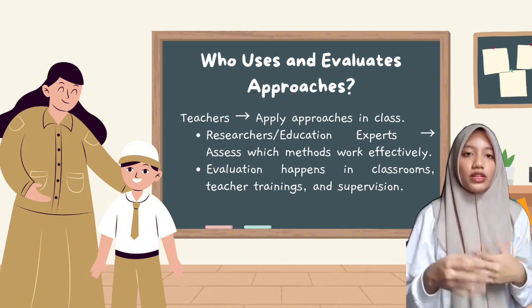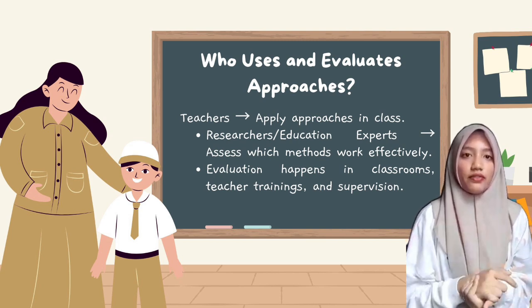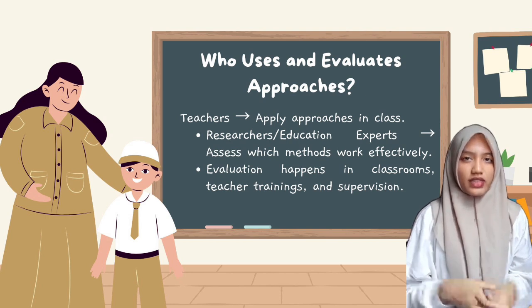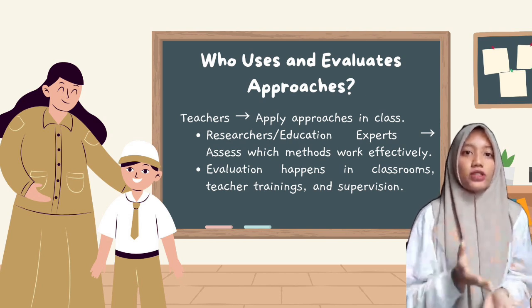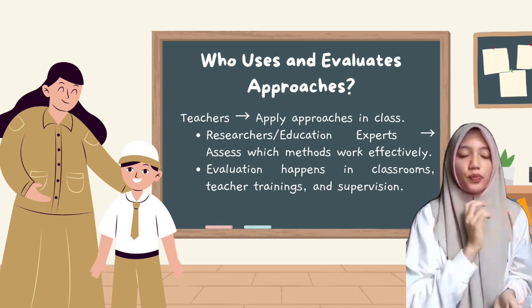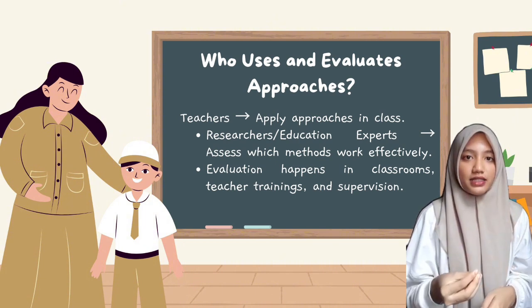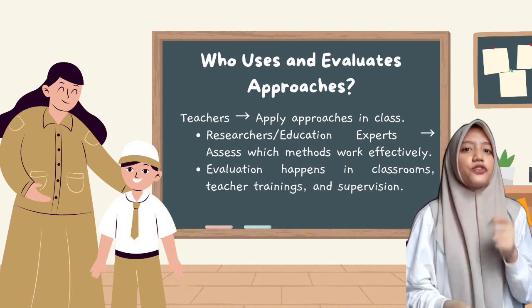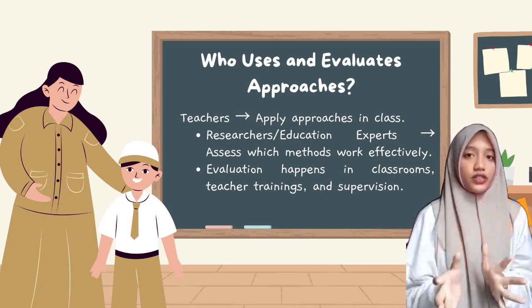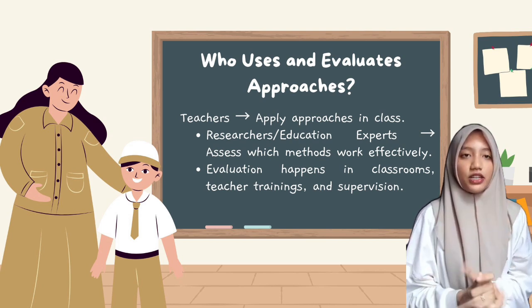They see how students react and how they learn, and how effective the lesson is. Meanwhile, researchers or experts evaluate which methods are most effective through studies or teacher training programs. For example, a teacher may try task-based teaching in class and see if students really communicate using English, while a researcher may compare the results between task-based and grammar translation methods.